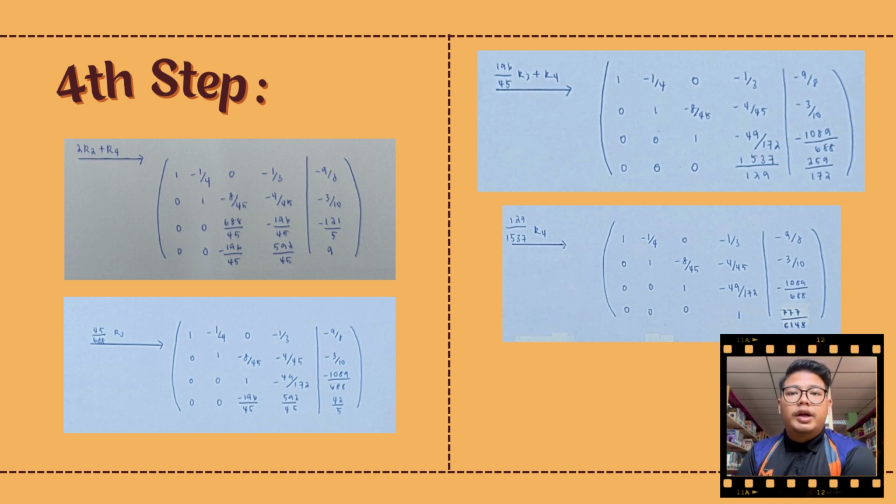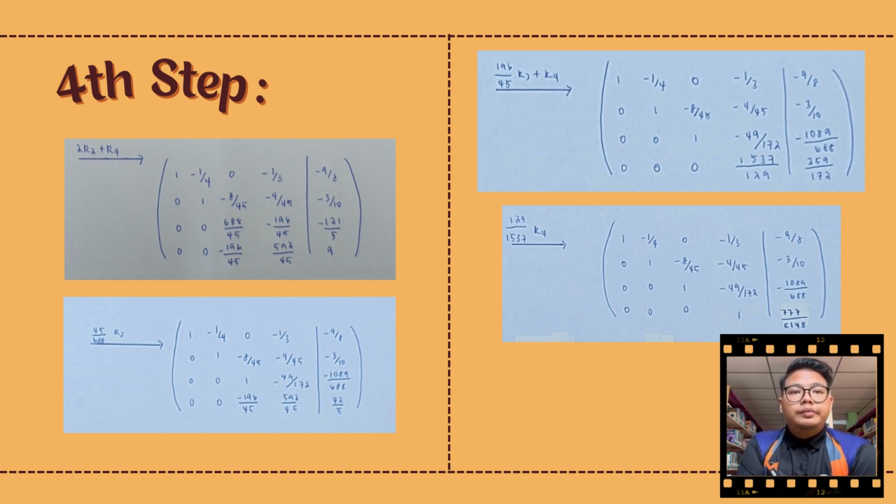1089 over 688. Okay, next we do the same thing, which is we remove the value under the leading one. It will be 196 over 45 R3 plus R4, so it will be 0, 0, 0, 1537 over 129 and 259 over 172.